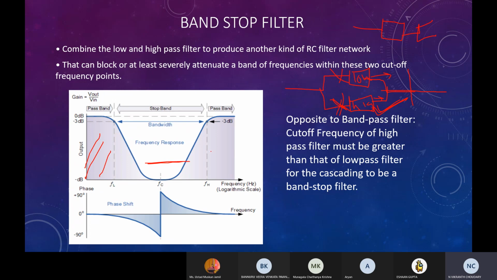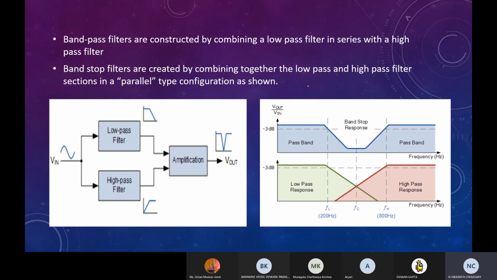So these are the pass bands, and this is the transition region. The formulas will still be the same. So this is how you construct a band stop filter. We configure the high pass and low pass filters in a parallel configuration, and finally this amplifier, we'll see about it later on.